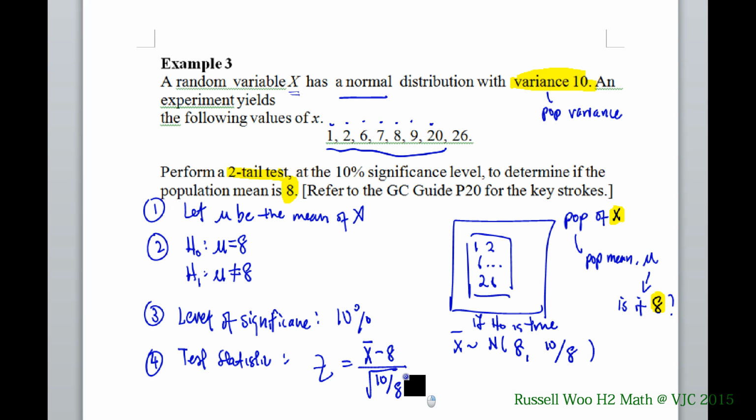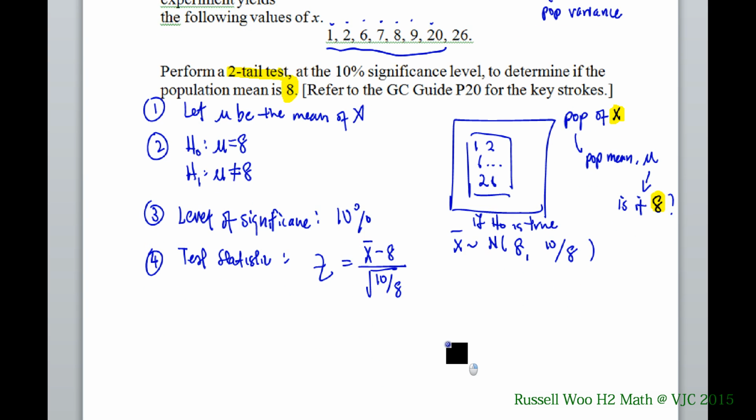So far so good. Now, what do we do next? If this question were to come out in the exam, this is exactly what I'm going to present. Then you say, I will compute the p-value. Immediately I will compute the p-value.